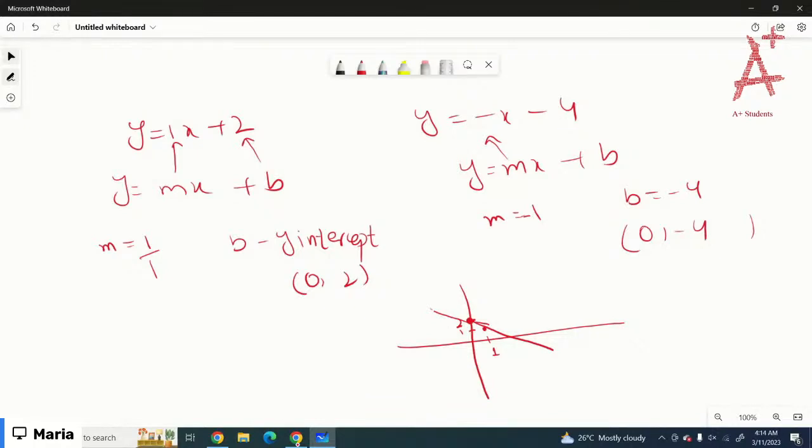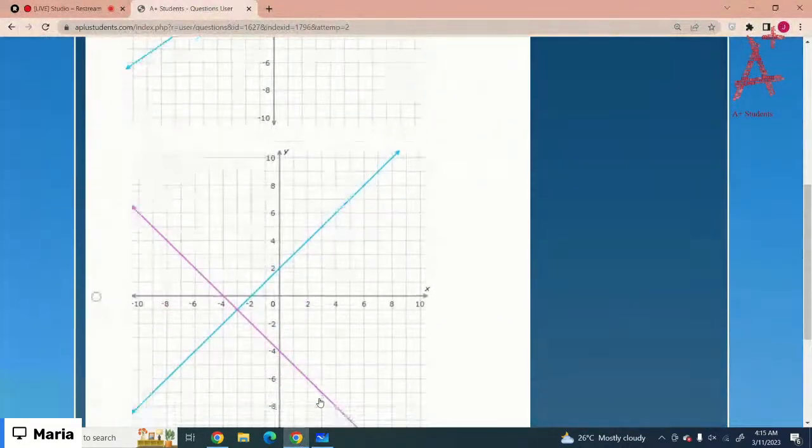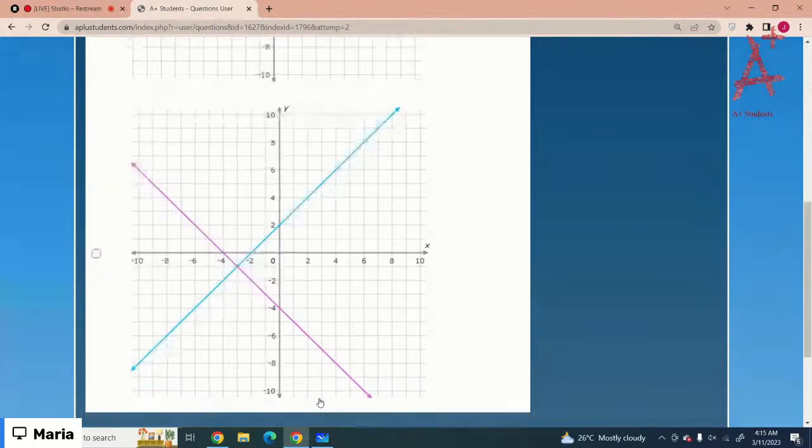Now let's plot the second one, 0 and negative 4. Here you have 1, 2, 3. Here is negative 4. Here is the first point, and for the second point the slope is negative 1 over 1. You can see, it would be one down and one left, not one right.